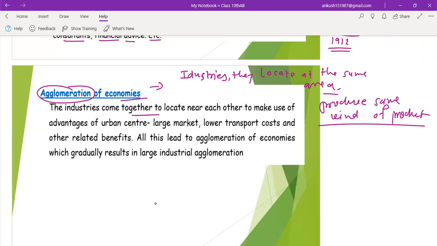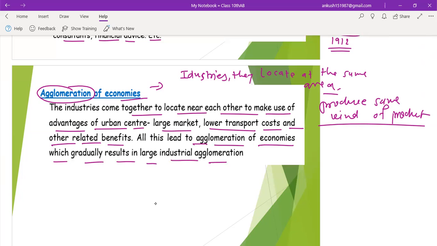So the industries come together to locate near each other to make use of the advantages of an urban center, large market, lower transport costs, and other related benefits. They depend upon each other for their produce. All these lead to agglomeration of economies, which gradually results in large industrial agglomeration. Suppose one day two industries are set up, another day 3, 4, 5, 6, 7.